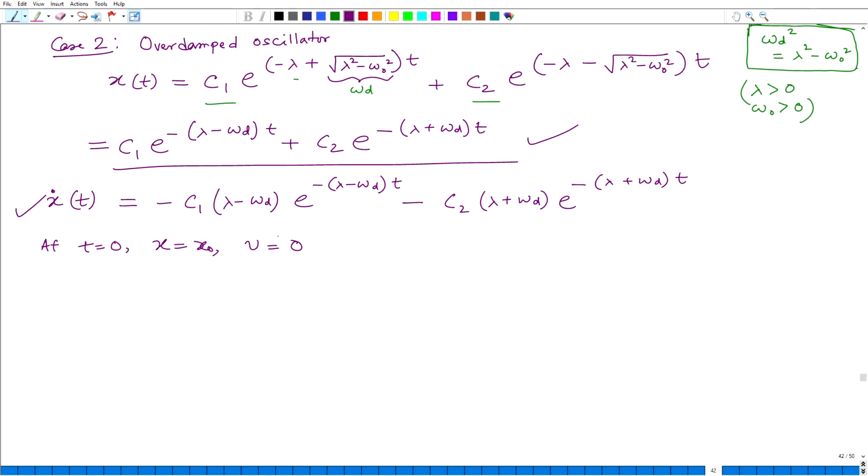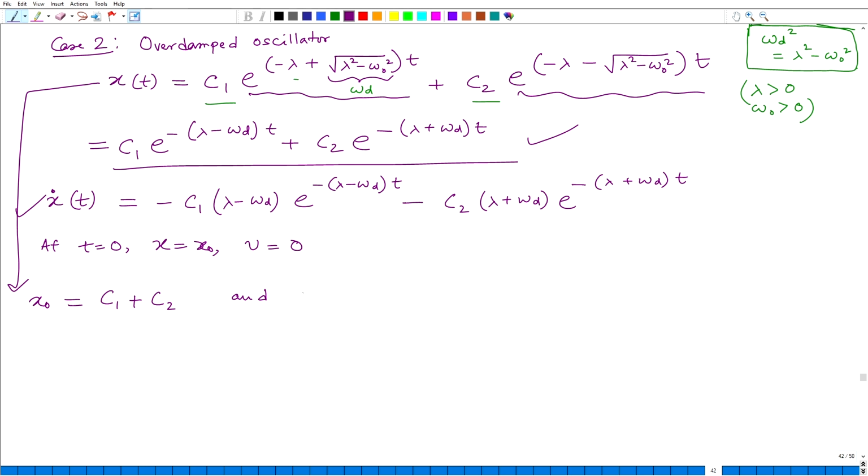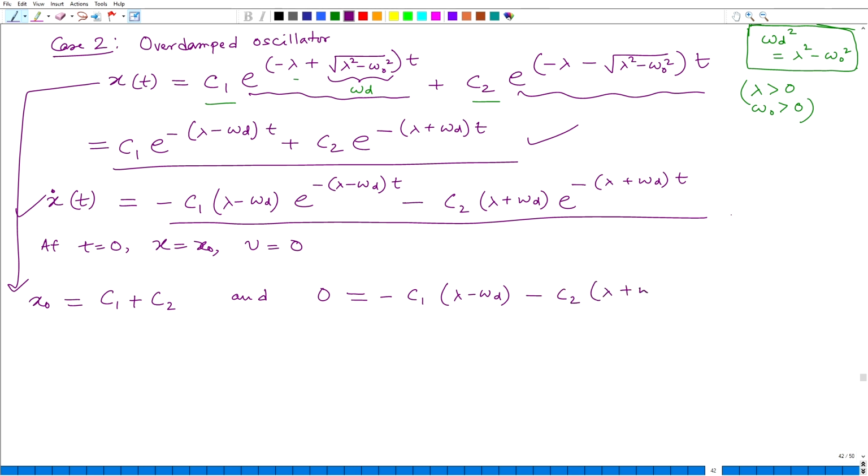Then what happens? First I will have x0 equal to C1, this term will be 1 at t equal to 0, this as well. So it will be simply x0 equal to C1 plus C2. And v0, which is equal to 0 actually, so 0 will be equal to this thing at t equal to 0, and that will be again minus C1 (lambda minus omega d) minus C2 (lambda plus omega d).